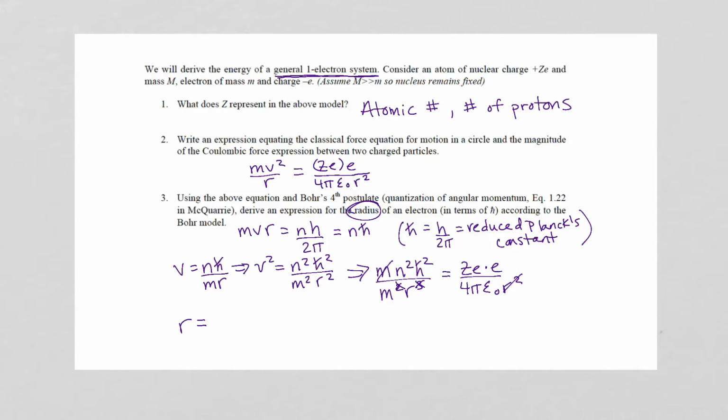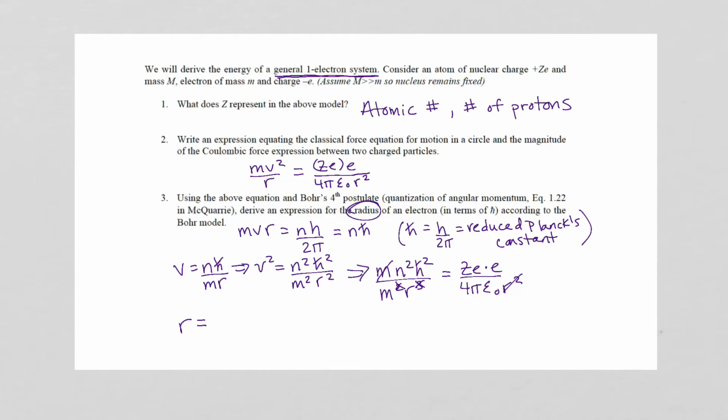So those m's cancel, the r's cancel, so we're left with just m times r on that first denominator, and then now we can just rearrange to solve for r. So this is where your crucial algebraic rearrangement skills, your math skills, are going to come into play.